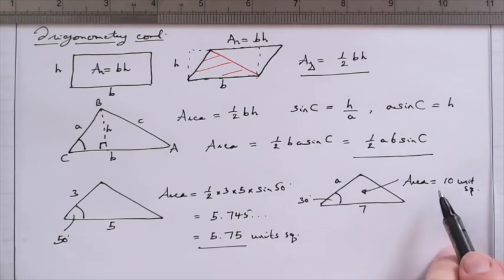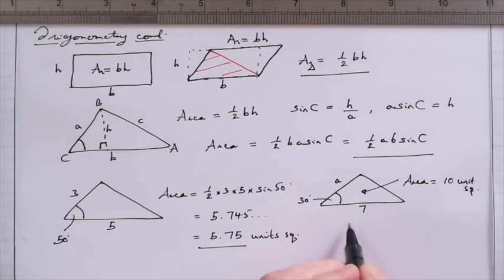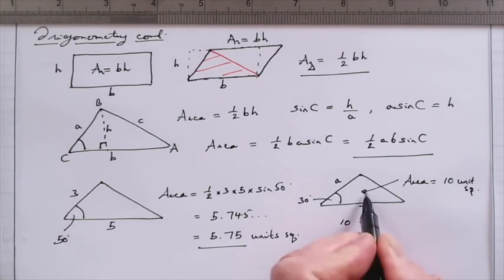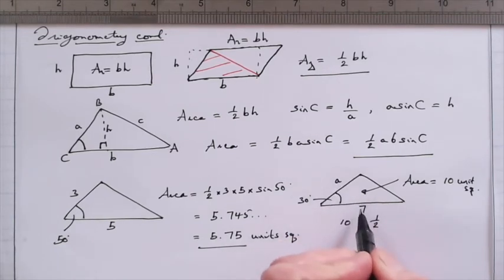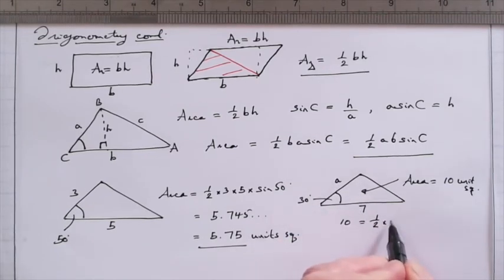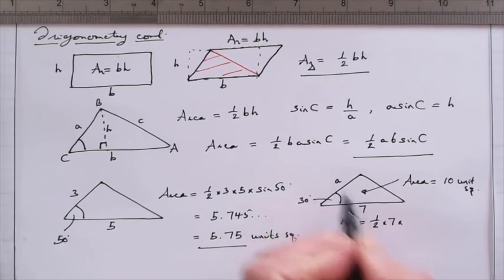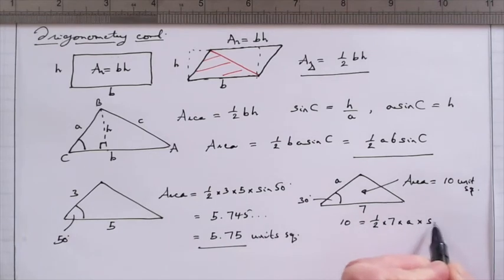And of course we can, because the area, which is 10, is equal to 1/2 times the product of these two lengths, so it's 1/2 times 7 times the unknown length, and then multiplied by the sine of 30 degrees. So on the right hand side here, we don't know this length A, but we can work out the rest of it.